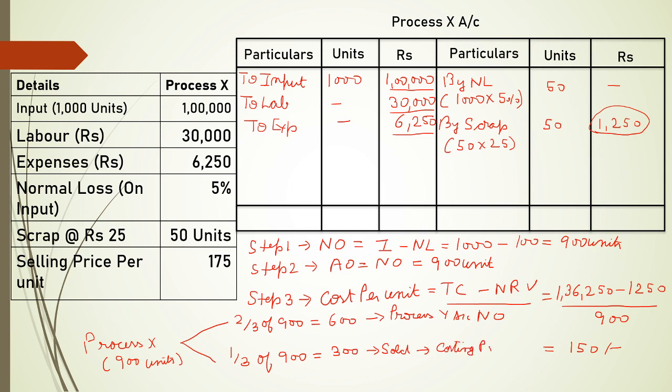So first we have to transfer these units at cost price to the costing P&L account, then we sell these units through costing P&L account.